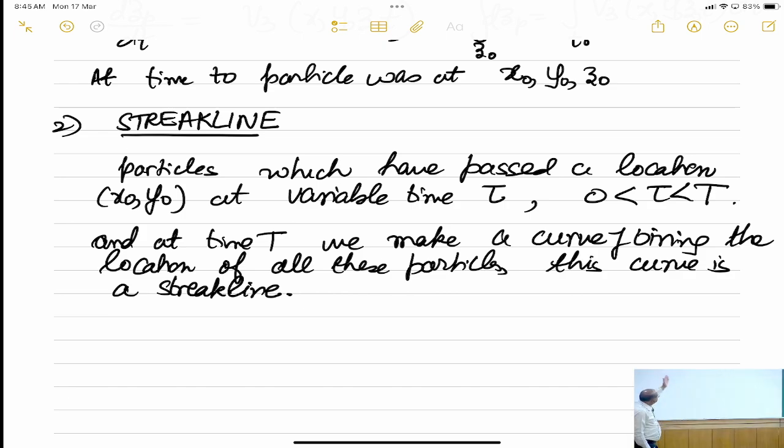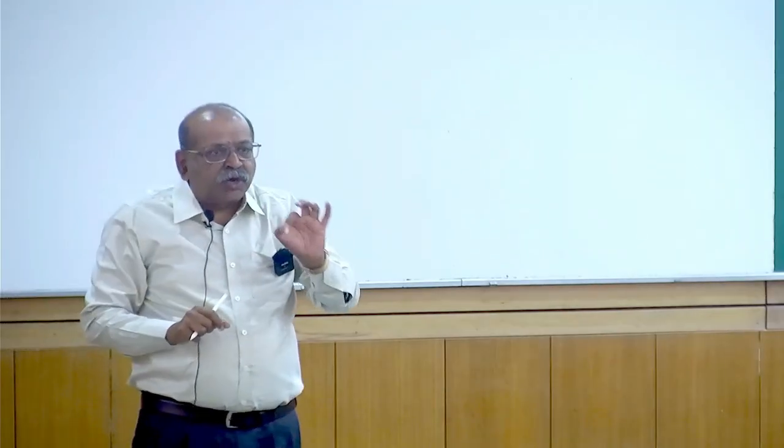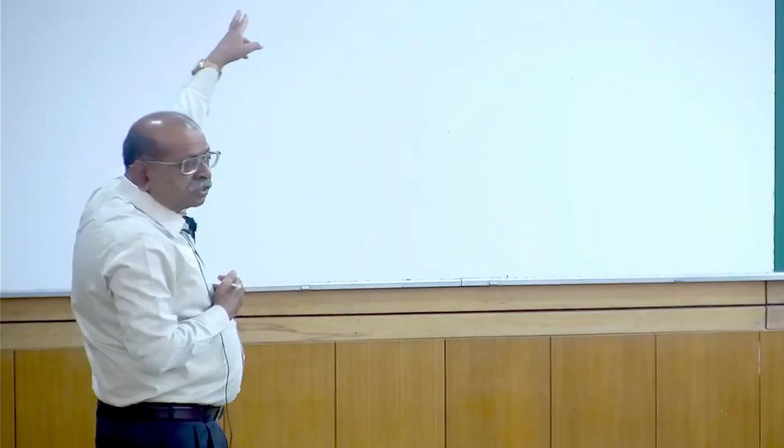So in a time interval tau, which starts from 0, ends at capital T, particles have passed a particular location. And that location is x0, y0.